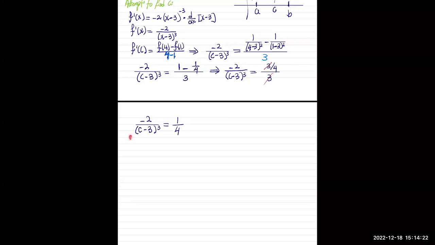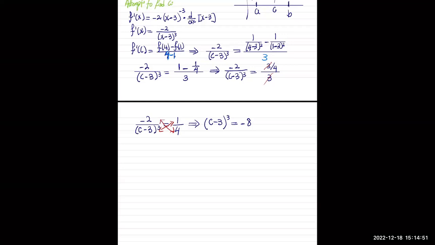You can cross multiply. Multiply -2 and 4, you get -8.